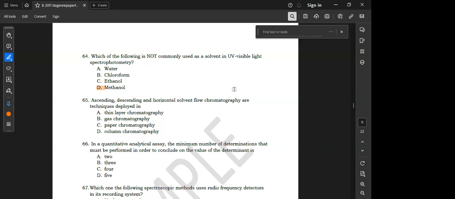Would be column. Explanation? Do you have an explanation for it? I don't have a proper explanation, but I know it can't be gas chromatography. That one is out.